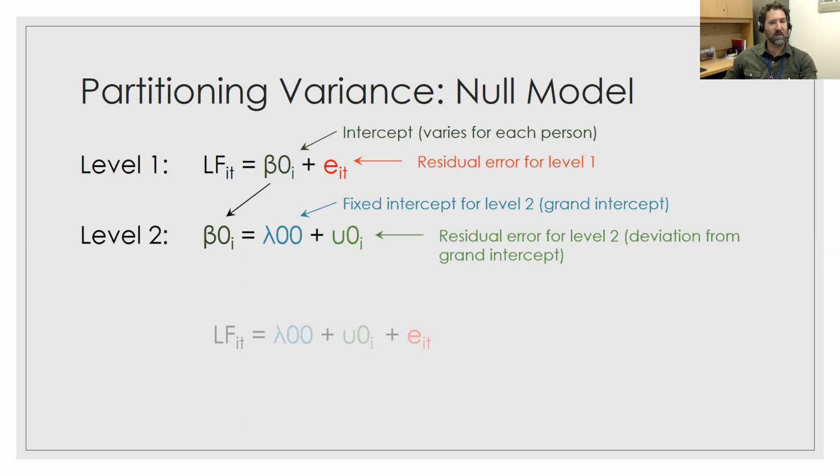Through substitution, we end up with this simple formula. The value of LF for a given person at a given time point is equal to the grand intercept, or basically the sample mean of LF, plus a person-specific offset, plus a time point specific offset for each person. We refer to this grand intercept as a fixed effect because it's the same, or fixed, across all participants.